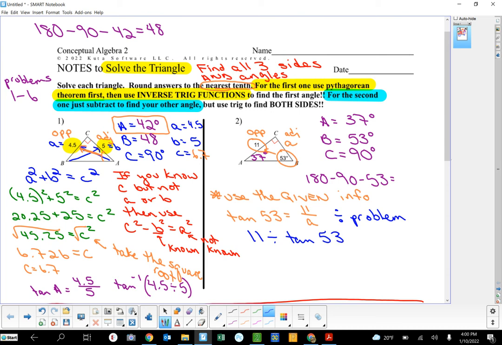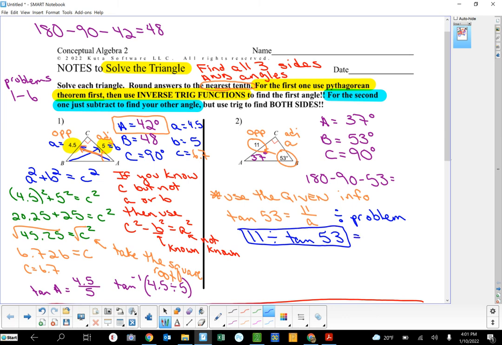And if I go do that in my calculator, I'm just going to do it over here because it would be simpler than all the shenanigans I got over there. 11 divided by tangent of 53. Now, this is just a regular tangent, right? I don't have to use the inverse tangent because I know the value of the angle. So I'm literally putting this straight into my calculator and then hitting the equal sign.